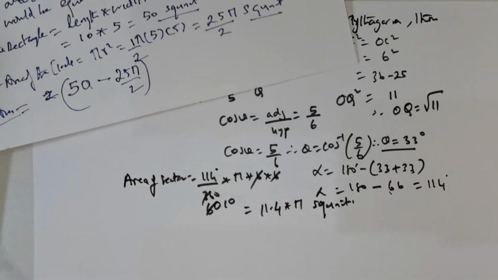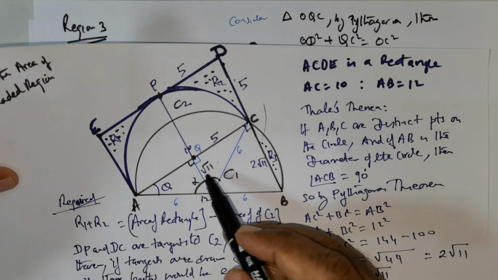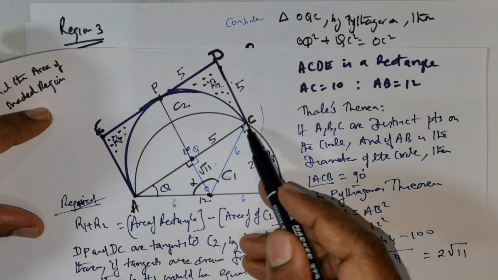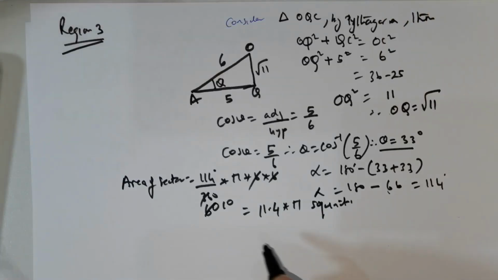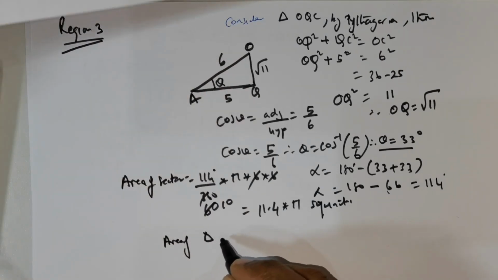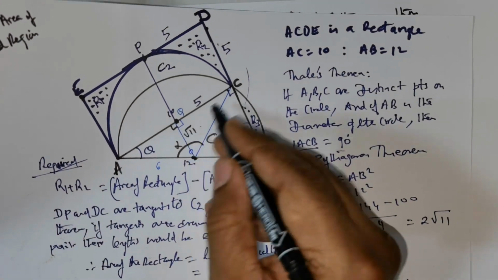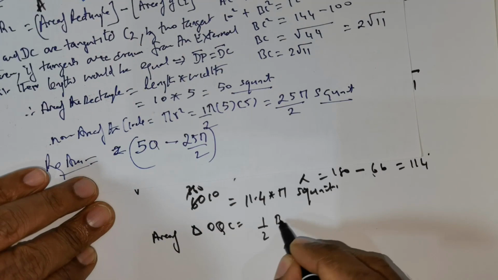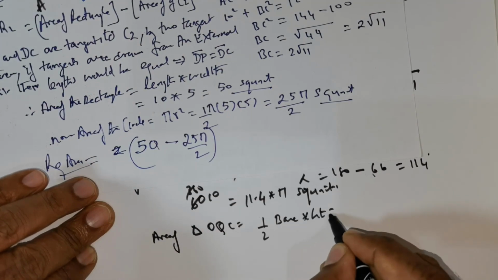Now the area of the triangle. Area of triangle OQC is equal to half times base times height.